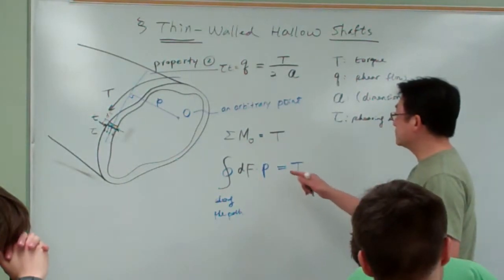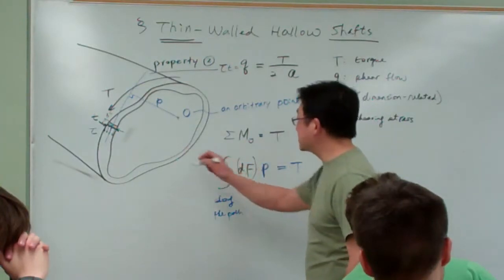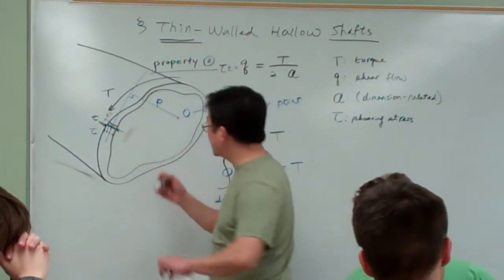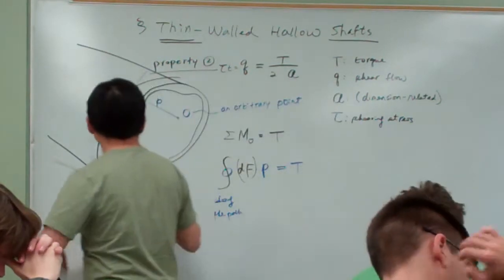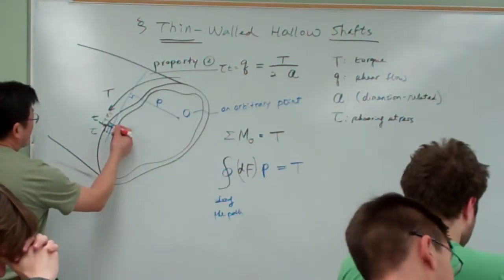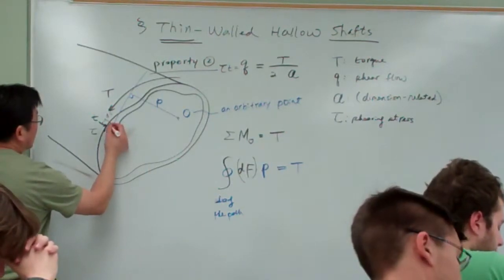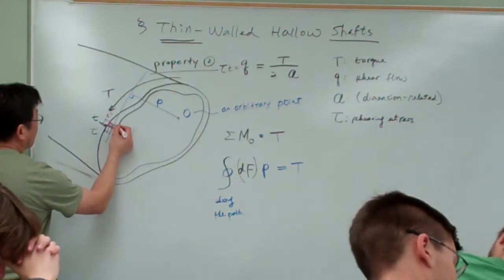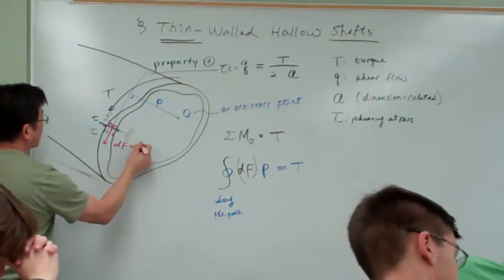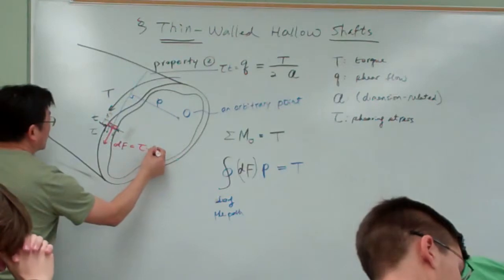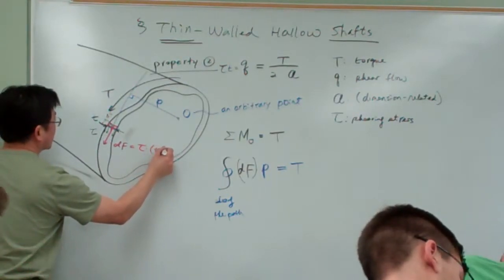DF is a small force. So basically here, let me... That's an applied force? No. Where are you getting this? This small area multiplied with tau will give us DF. Okay, equal to tau times the small area, which is T times ds, right?